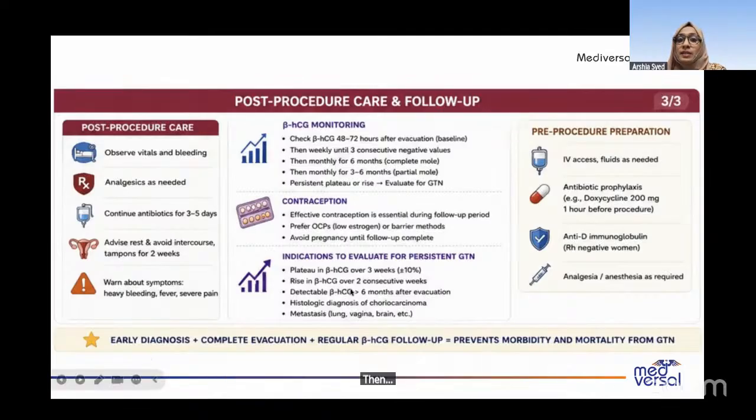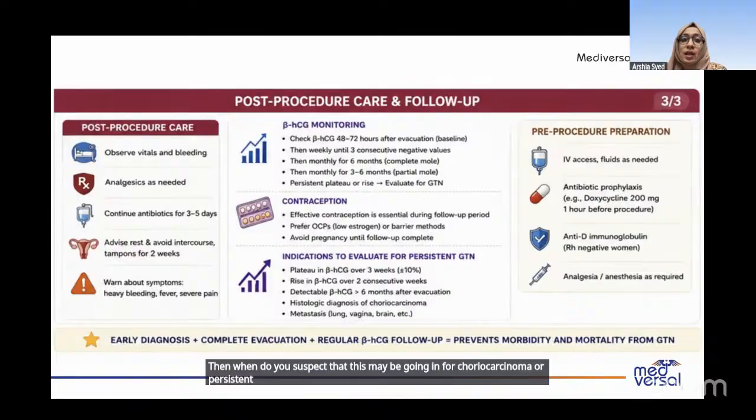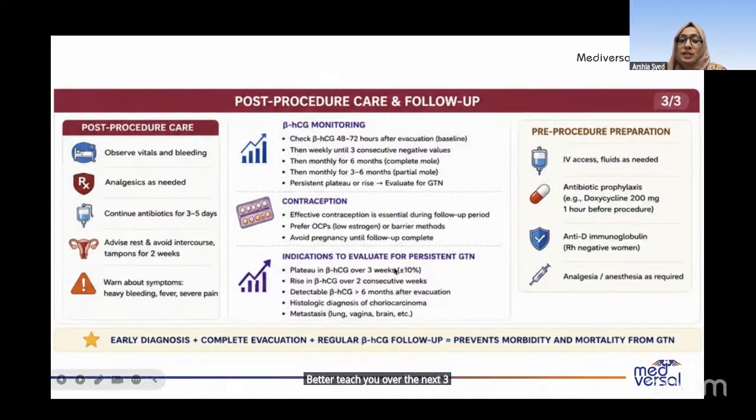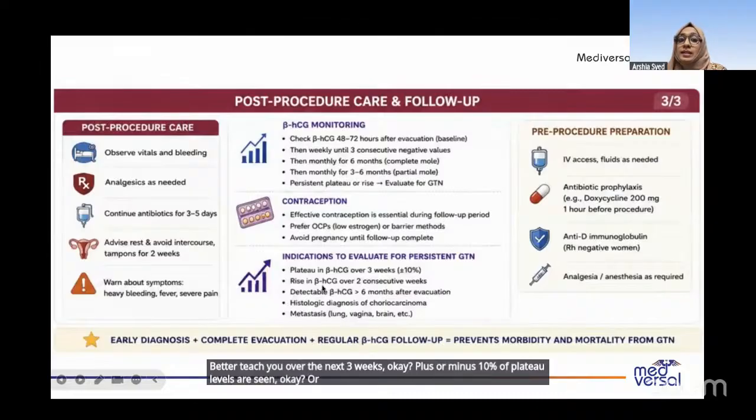Then when do you suspect that this may be going in for choriocarcinoma or persistent trophoblastic neoplasia? If you feel that there's a plateau in the beta HCG over the next 3 weeks, plus or minus 10% of plateau levels, or if there is a rise between 2 consecutive weeks, or the beta HCG becomes detectable after 6 months after evacuation, or when your histology picks up features of choriocarcinoma.